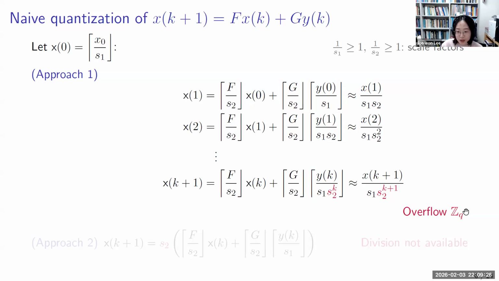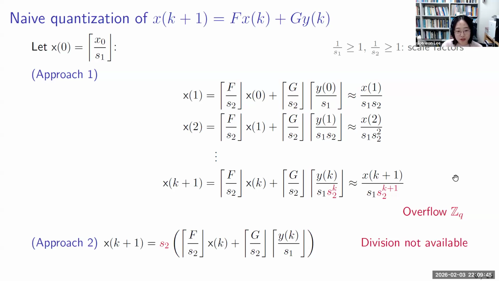And as I said, when this value overflows ZQ, because of the modular operation, we'll have a chopped off value, which is different from what we expect.